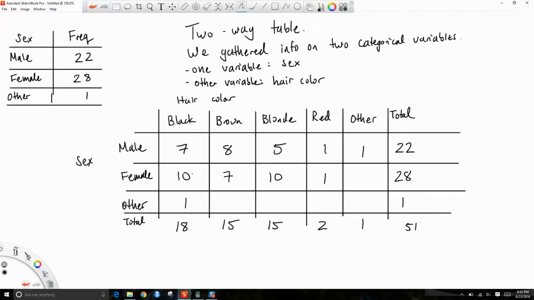Basically this 7 says there are 7 people in our data, or in our sample, who are males with black hair.